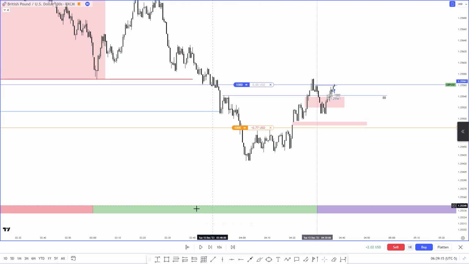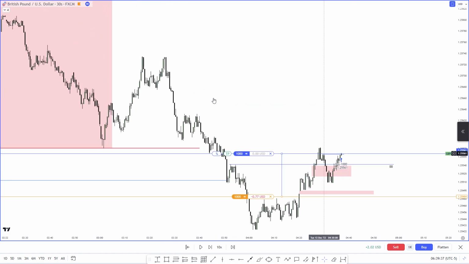So trading within Q3, my drawn liquidity would be Q2. Let me rephrase that. So trading within Q4, right? My drawn liquidity would be Q3's high, right?